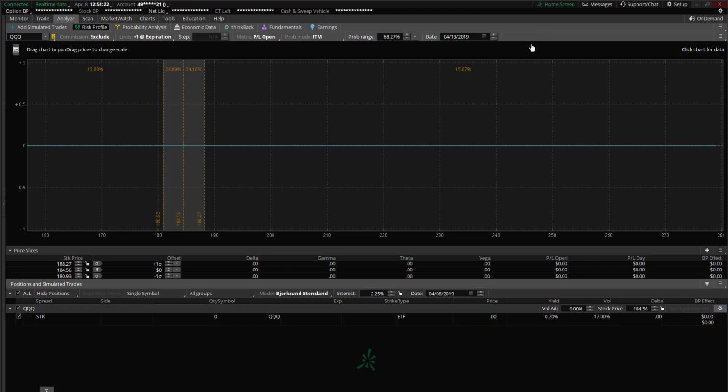Now I'm going to move it back one, and you'll see that it doesn't change that drastically because we're only looking at moving one day out of this expected move. So now we are more accurately representing how far the Qs are expected to move between now and Friday's expiration.